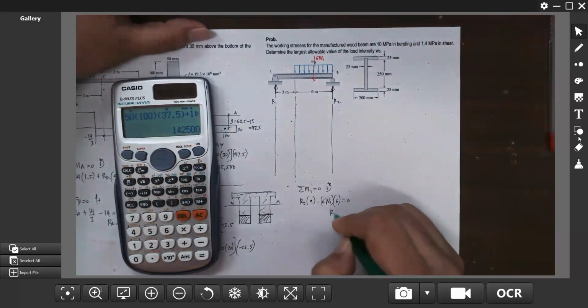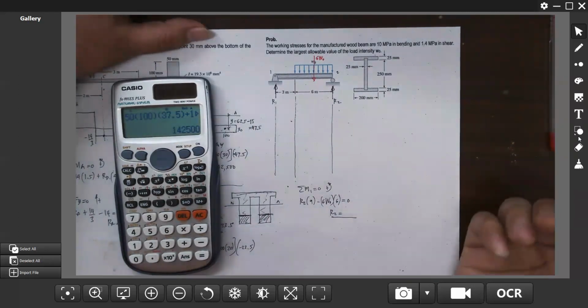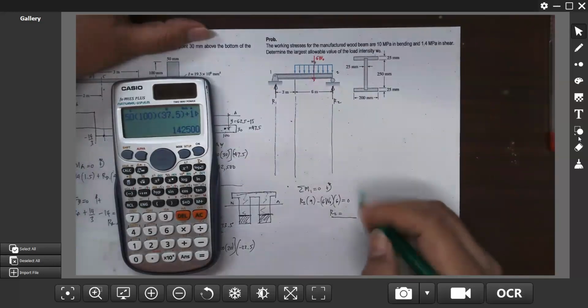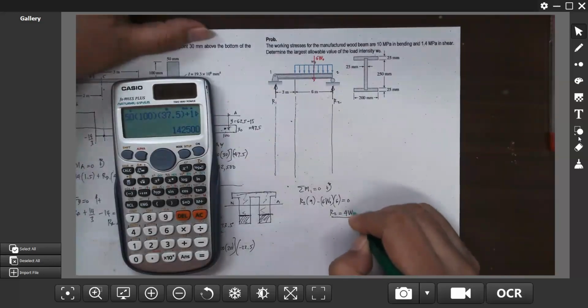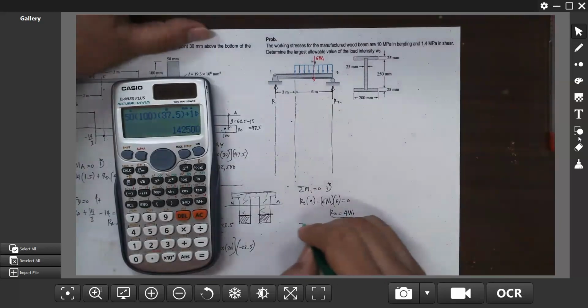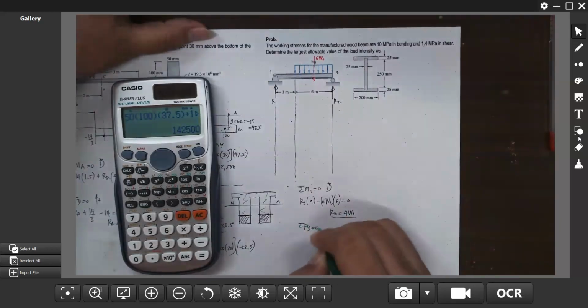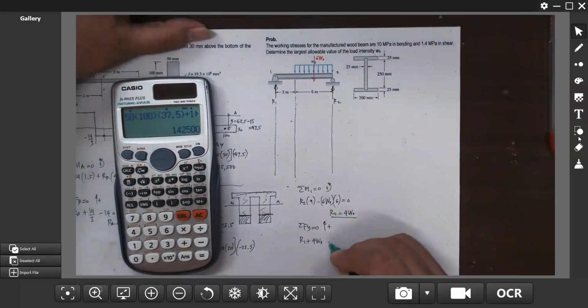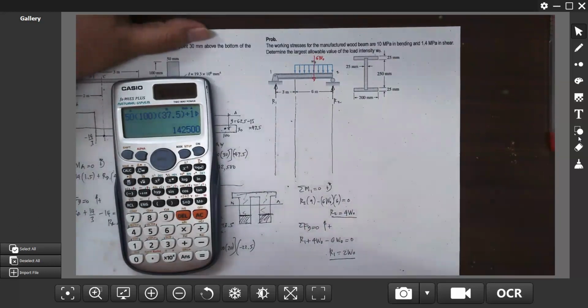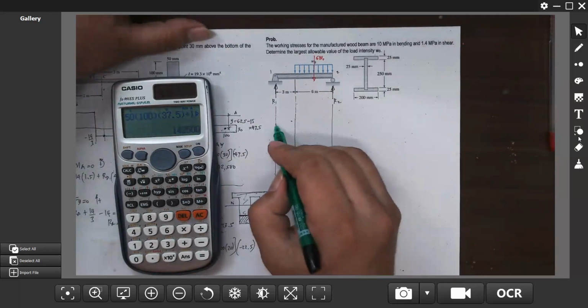So R2 equals 4W sub O. And then summation of forces in y equal to 0. R1 plus 4W sub O minus 6W sub O equals 0. R1 equals 2W sub O.